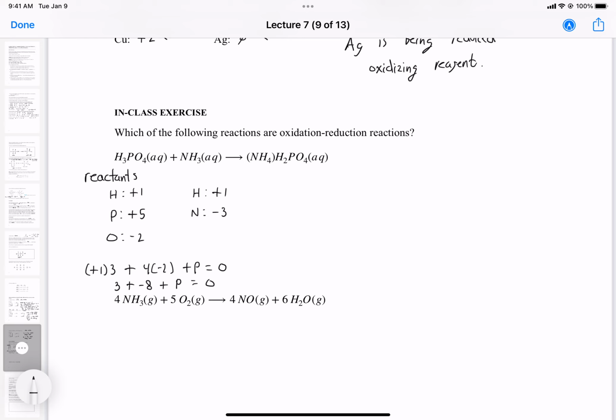Now let's look at the products. If you think about it, it looks like a synthesis reaction because you're forming an adduct between ammonia and phosphoric acid. Okay, so let's look at H, phosphorus, oxygen, and let's put nitrogen over here.